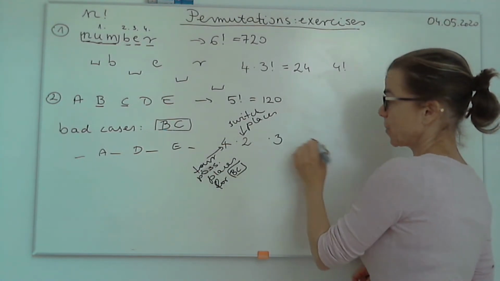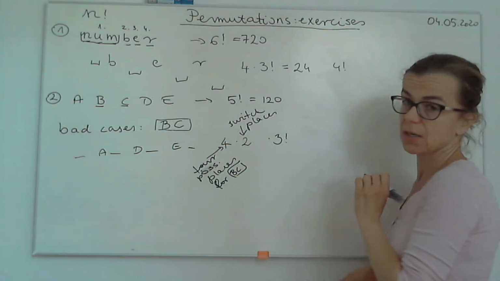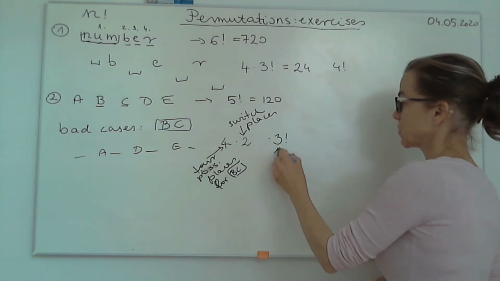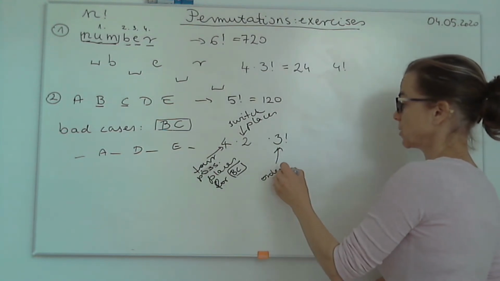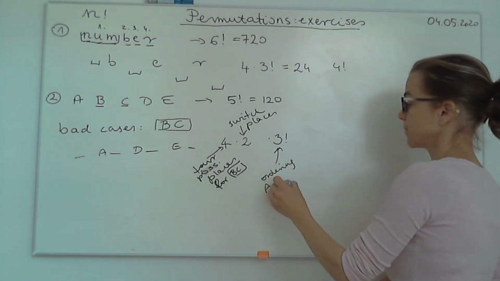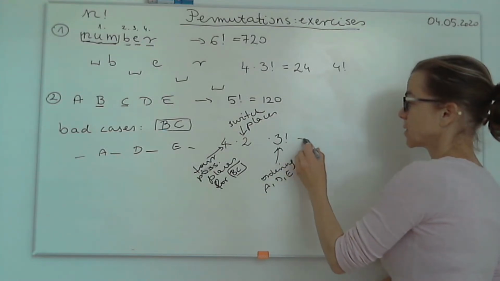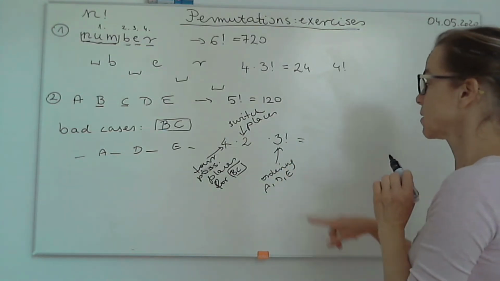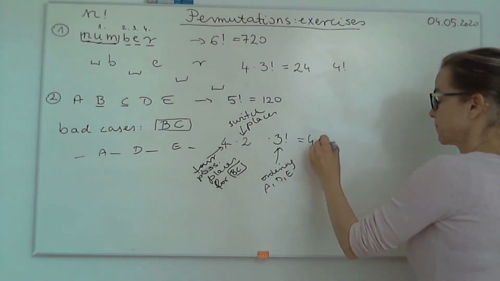They can sit in any possible order, so that gives us 3 factorial. So that's ordering, permuting A, D, and E. So our final result is 48.